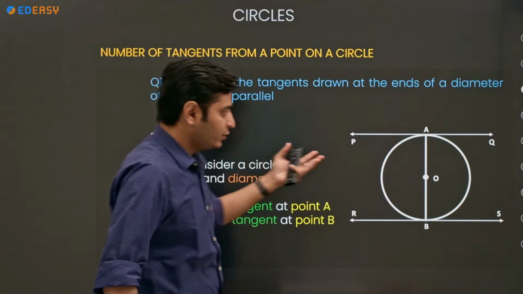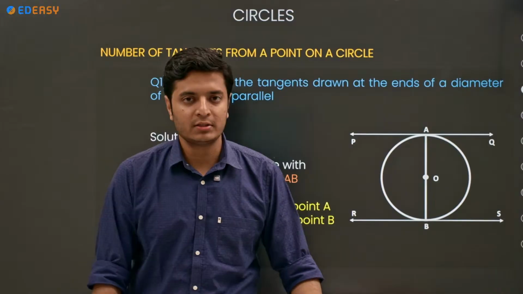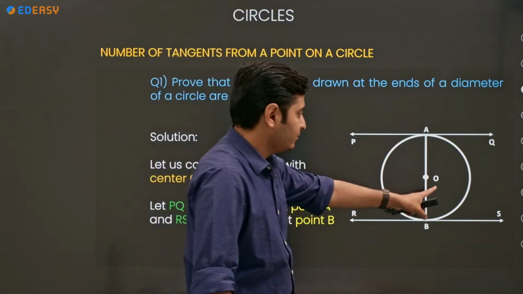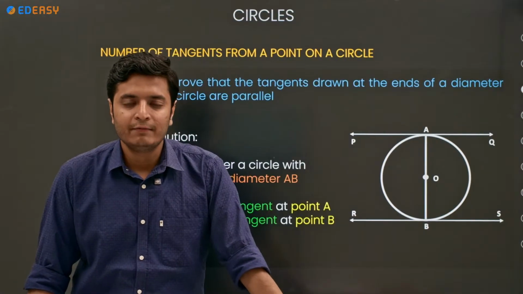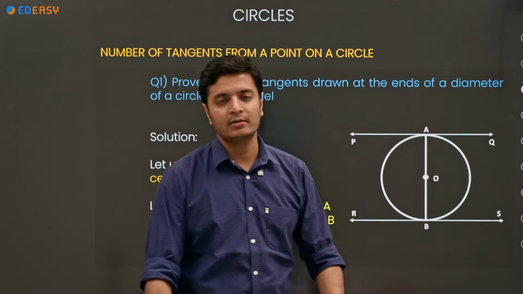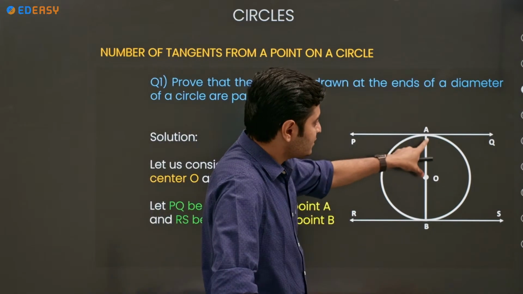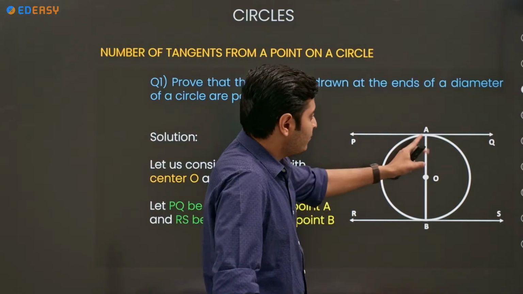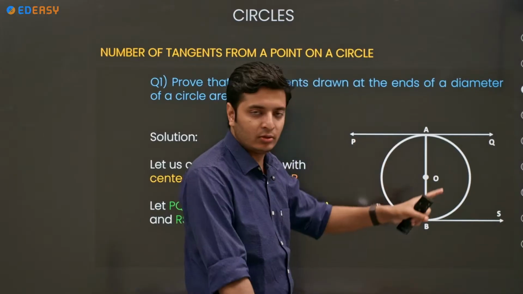The solution would be, first you need to create the figure. So in this figure you are going to consider one circle with center O, correct? So AB is the diameter, that chord which is passing through the center, or the longest chord inside a circle. Now the opposite ends are A and B. So passing through this point A, we have this tangent PQ.